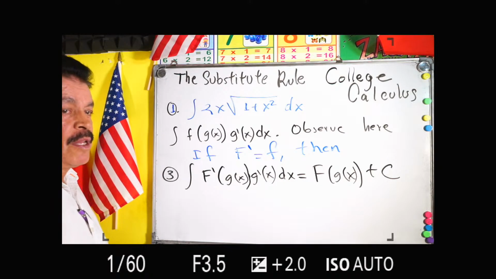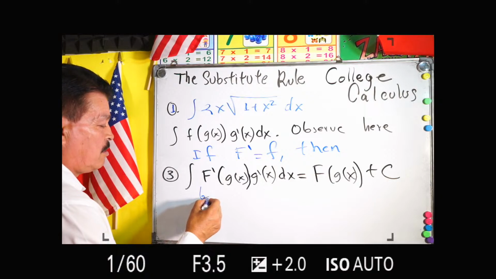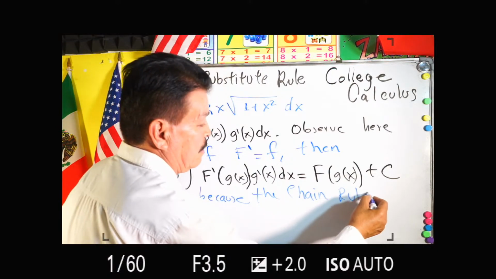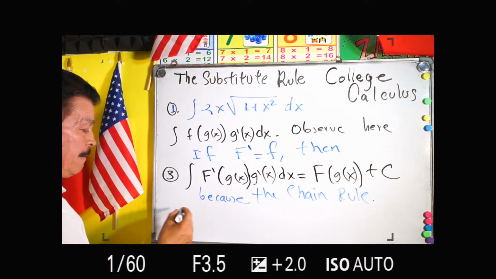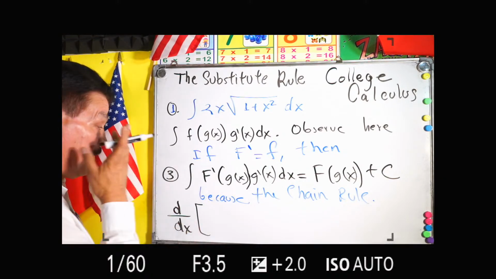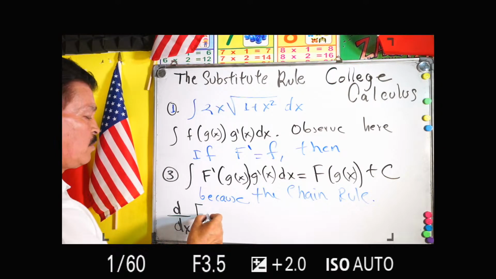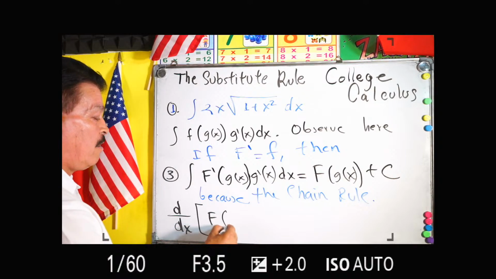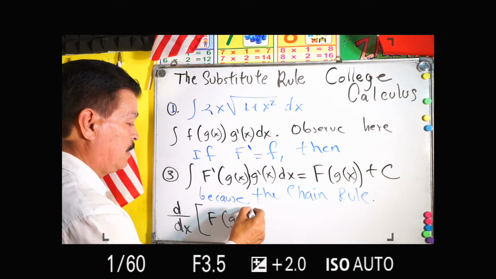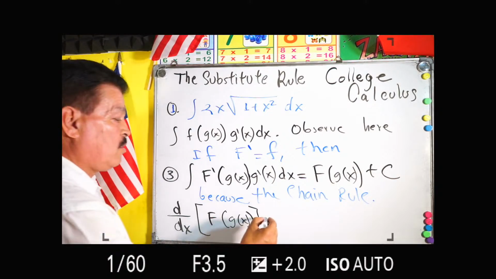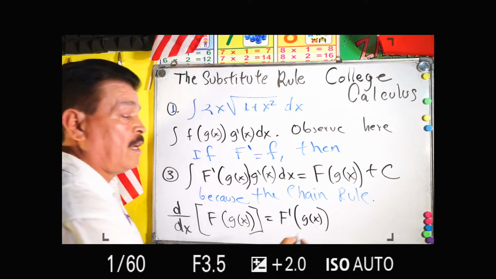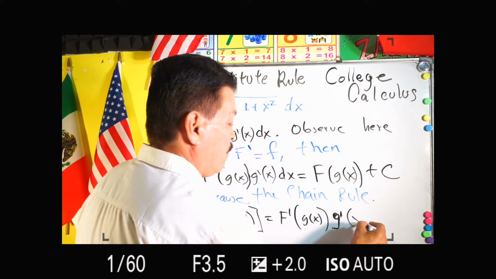Almost done. So the 4th step now, because the chain rule is d over dx of F of g of x equals F prime of g of x, times g prime of x.